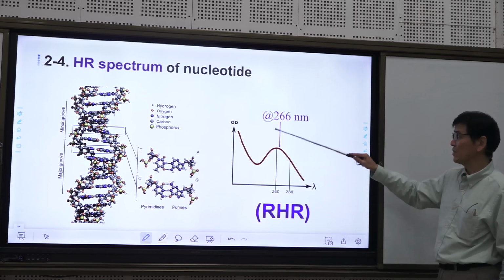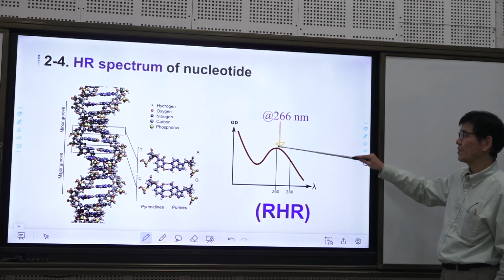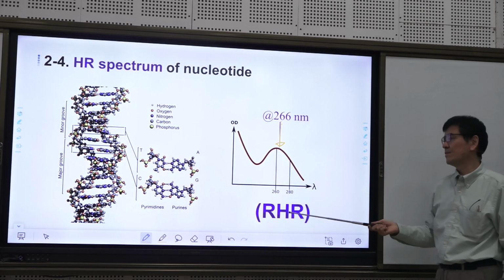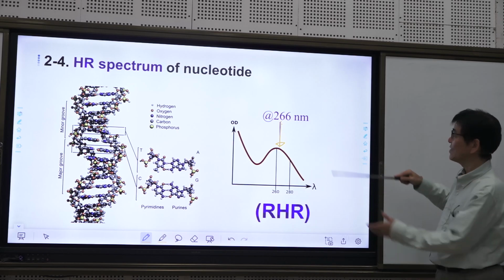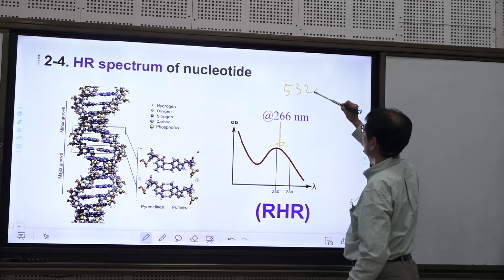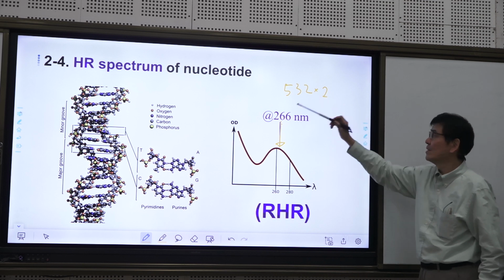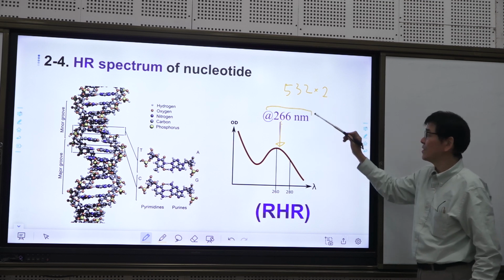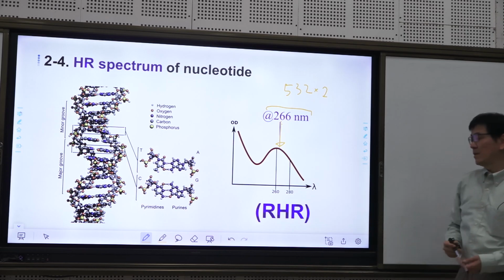And they equally have absorption at 266. So again, we expect resonance hyper-Raman, with 532 excitation. It is a 2-photon process of 532 nanometer, so it resonates to the 266 nanometer absorption.